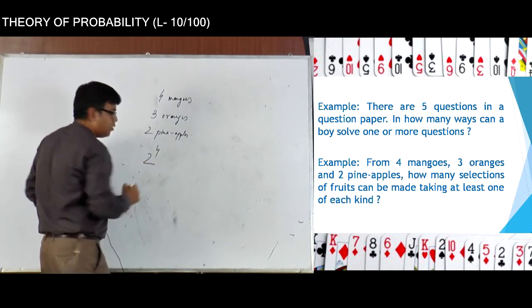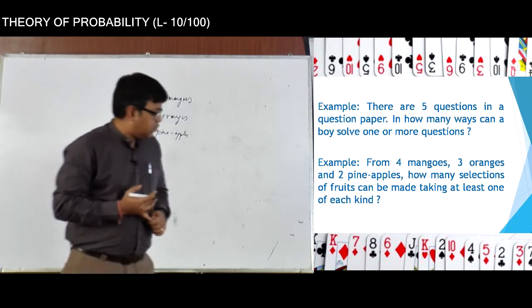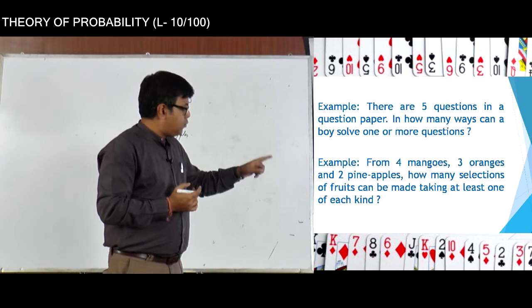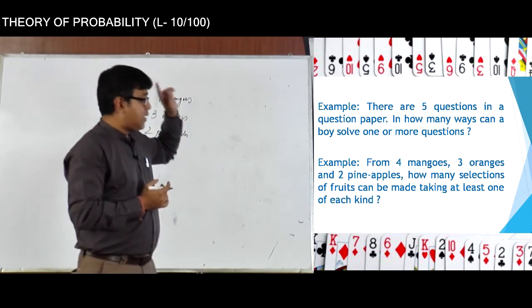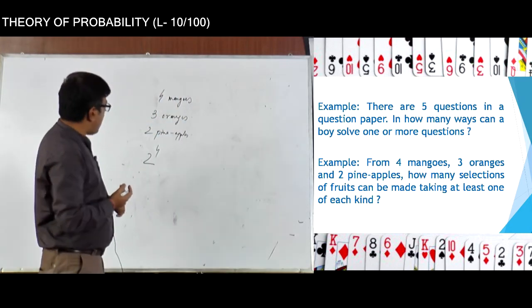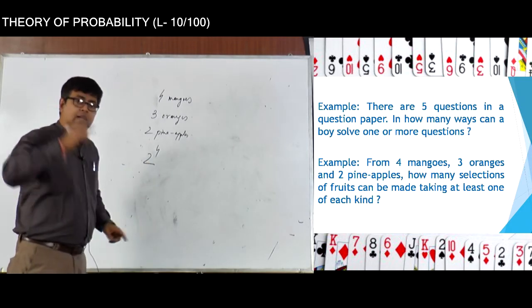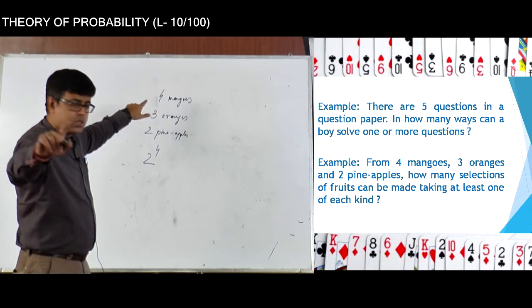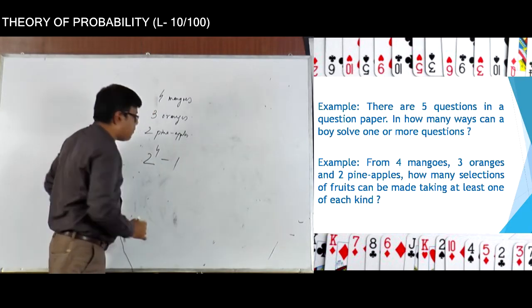But since I have asked you to find the selections with at least one of each kind, that means there should be at least one mango. So you have to subtract the one case where you are not selecting any of the 4 mangoes, and so it is 2 to the power 4 minus 1.